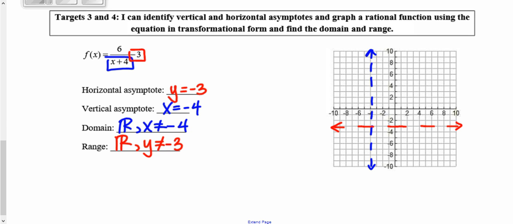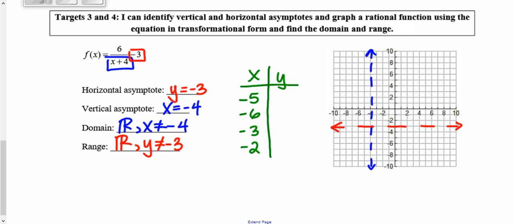To finish this problem, we have to make a table of values. And I'm going to pick two values to the left of the vertical asymptote. So the vertical asymptote's at -4. Two values to the left would be -5 and -6. And then two numbers to the right. So I'm going to choose -3 and -2. And I'm going to plug those into the original equation.